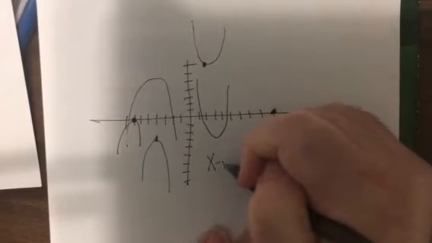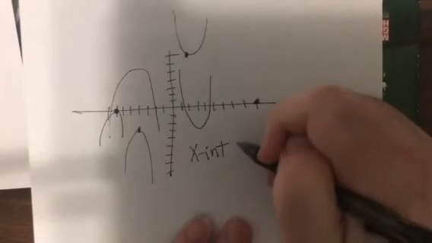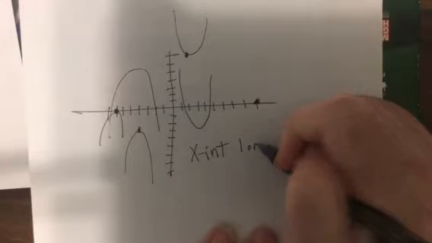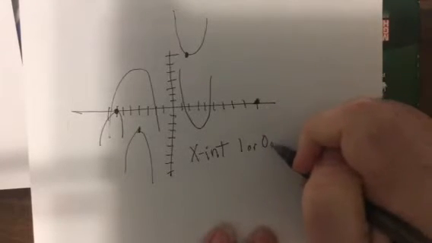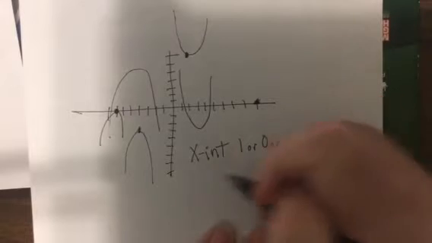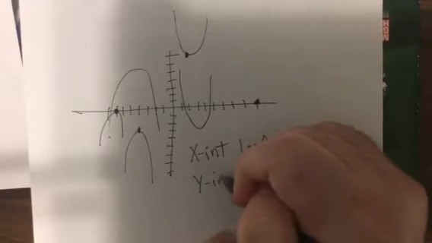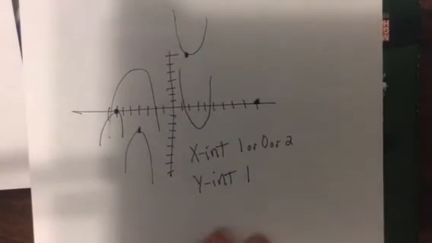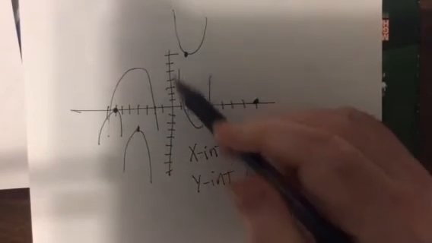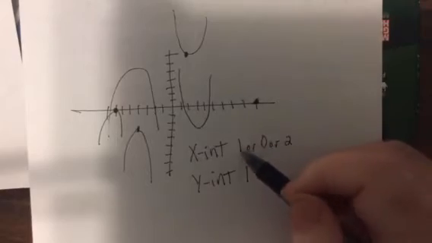So x-intercepts, we could have 1, 0, or 2. The y-intercept, if it opens up or down, has to have 1. So you always have one y-axis hit and 1, 0, or 2 x-axis hits.